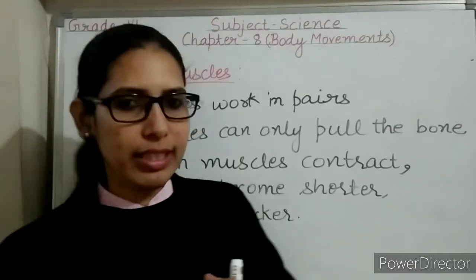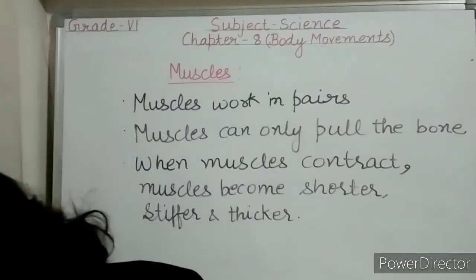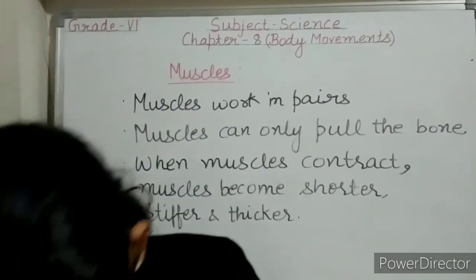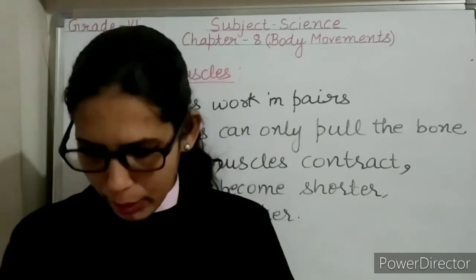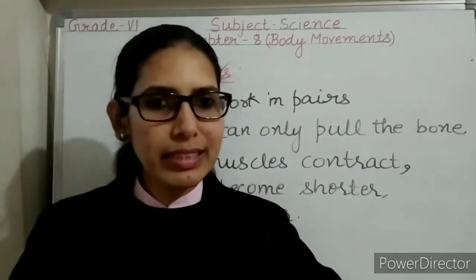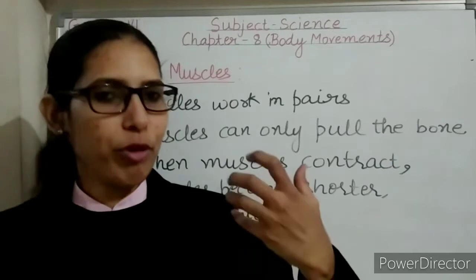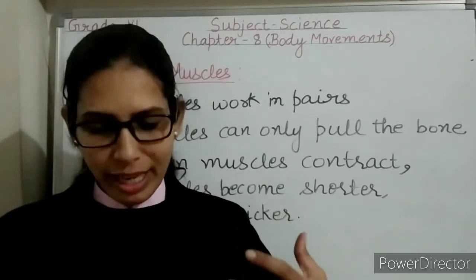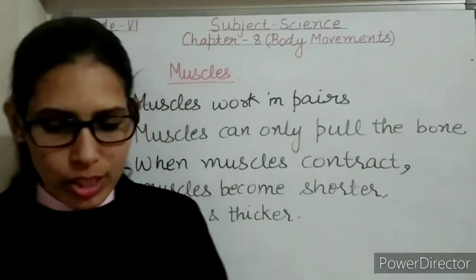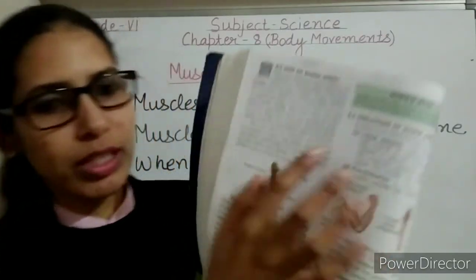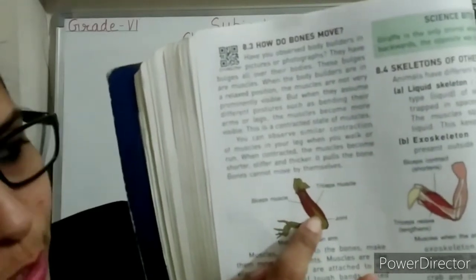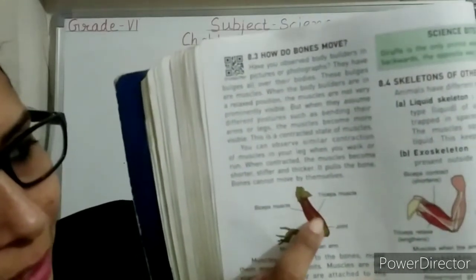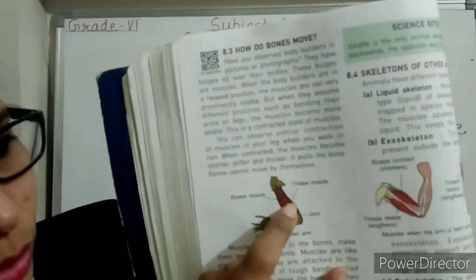So now let's try to understand. The image has been shown in your book on page A106. The muscles are attached to the bones with the help of tendons, and the muscles attached to the bones make them move at the joints. Here you can see in the book, this is the upper arm bone that is known as the humerus, and there are two muscles attached to it.